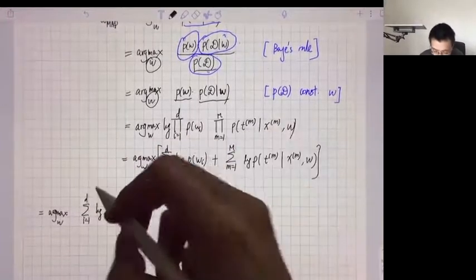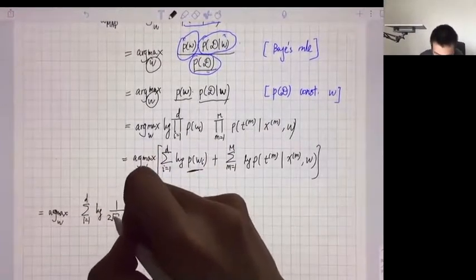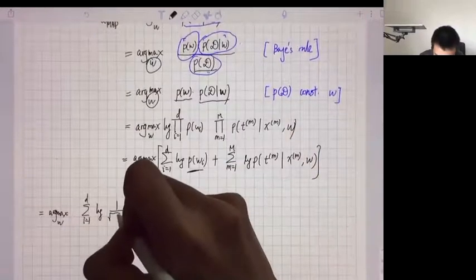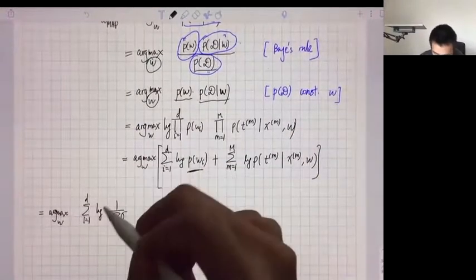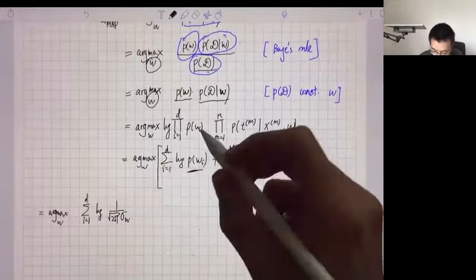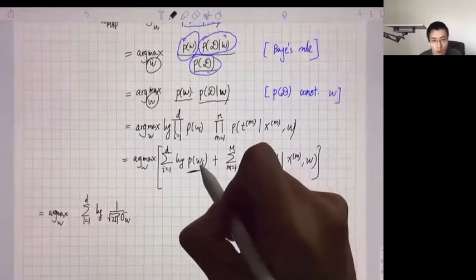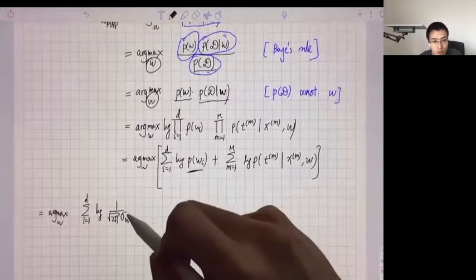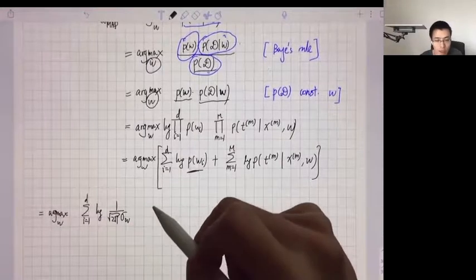So the probability is a constant like 1 over the square root of 2 pi sigma_W, right? So for every W_i, I assume the standard deviation is sigma_W and it's zero mean.